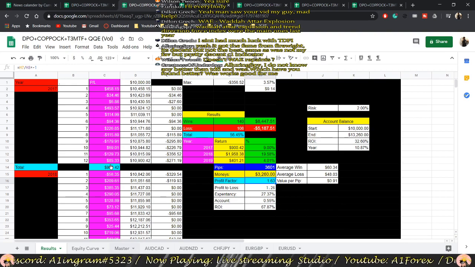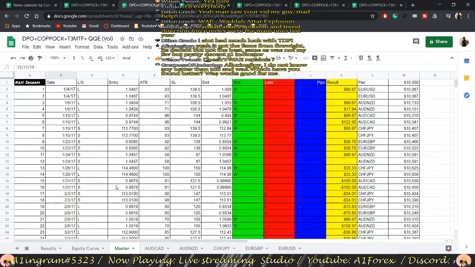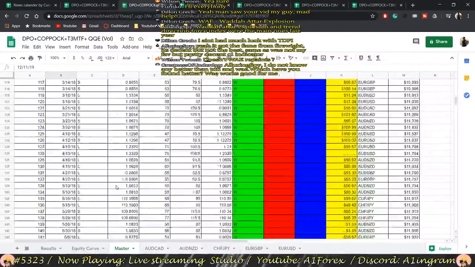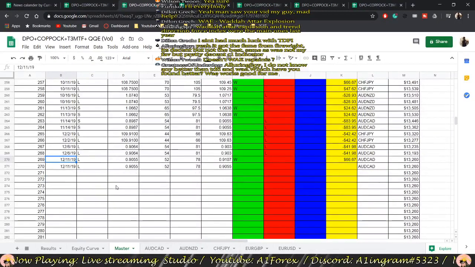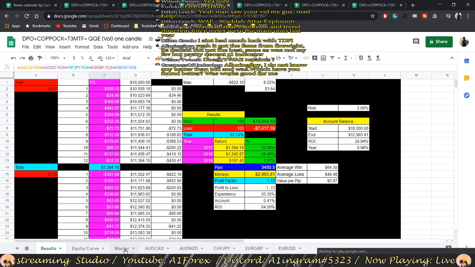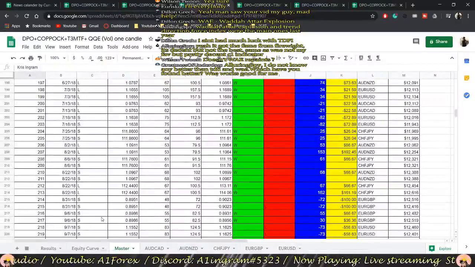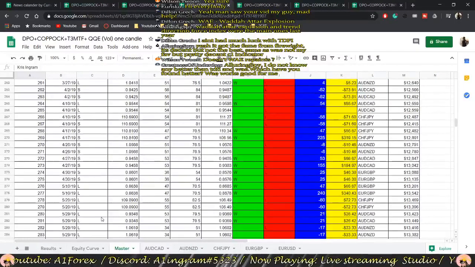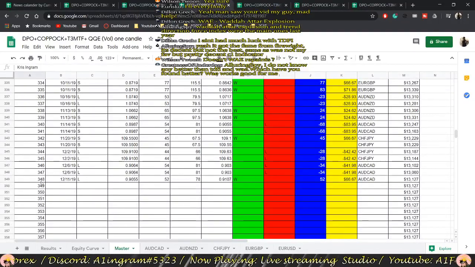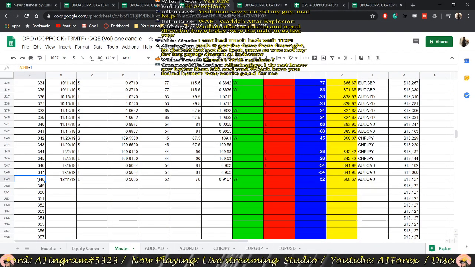I'll show you, and this is why I like my spreadsheet, because it has the actual number of trades. It went from 270 to 348 trades.